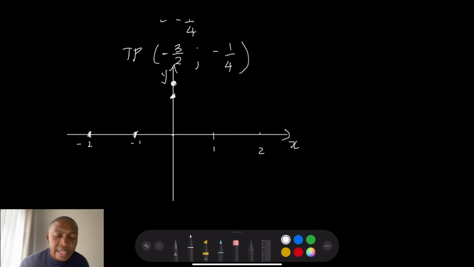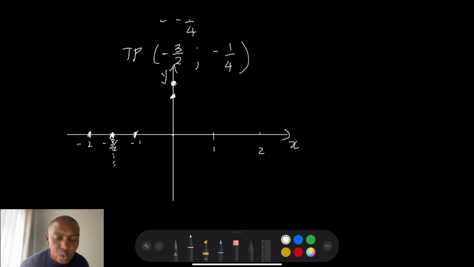And then our turning point, we said this is -3/2. If you remember, 3/2 is 1.5. So in this case, that's definitely in between those two. So -3/2 should be there, and at -1/4.